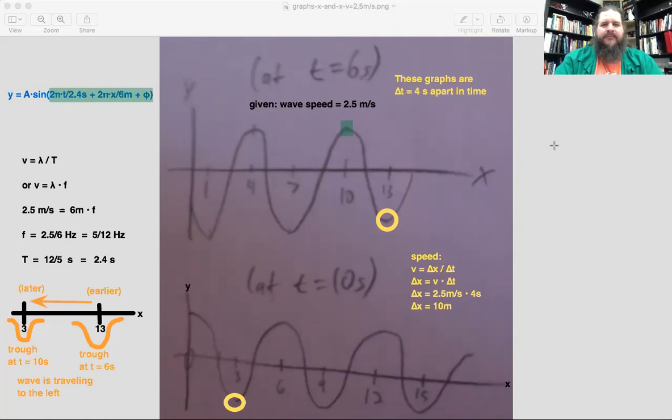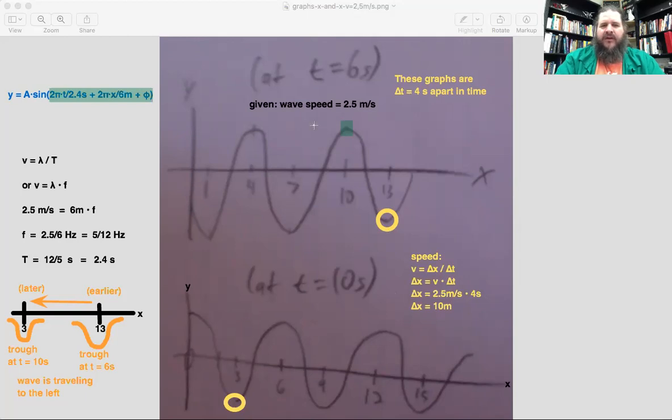Okay, and then I was wondering, if the speed is changing, the direction of the wave can also change. Yeah, if we had been given a different speed, but the same graphs, then we would get a different value for delta x. So we'd have to choose perhaps different locations.